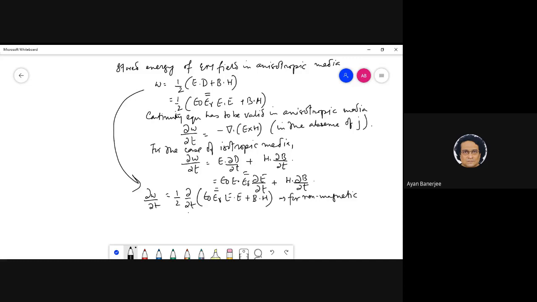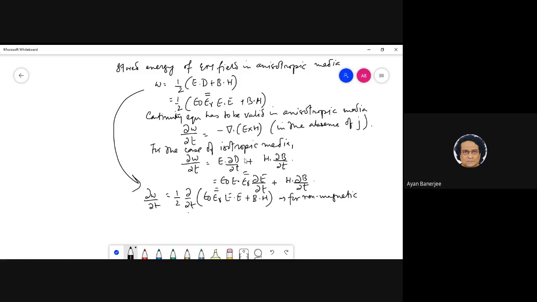What I'm trying to show is, if I have this to be valid, what are the requirements? There is going to be some kind of a condition that is going to come, and that is what we are trying to derive. I'm saying this is for isotropic media, that is fine, but in case this is not, then there are some conditions.